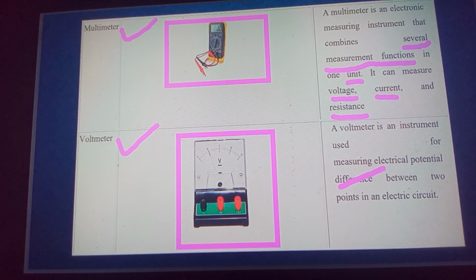So that is the use of this voltmeter, to tell us about the potential difference between 2 points in an electric circuit. Now let us continue.